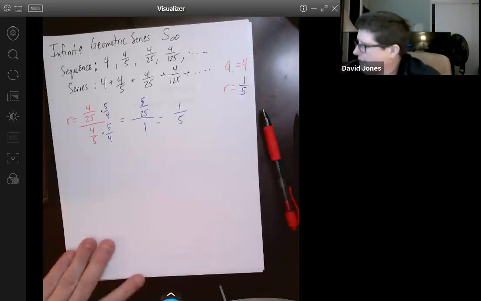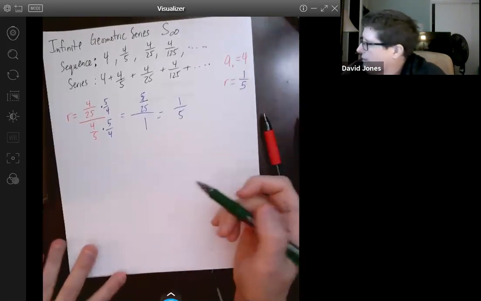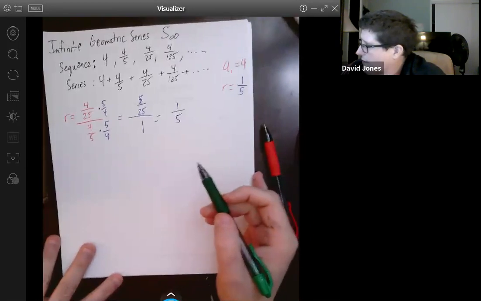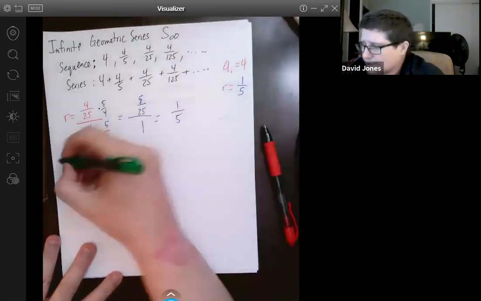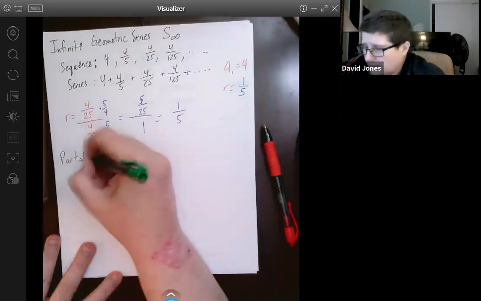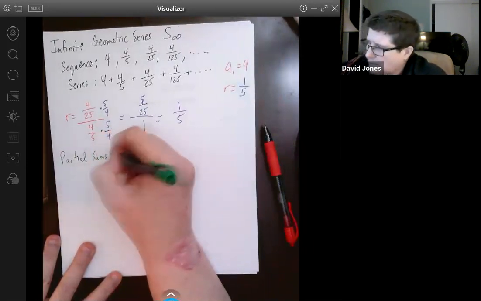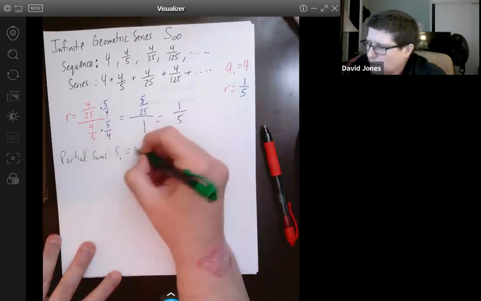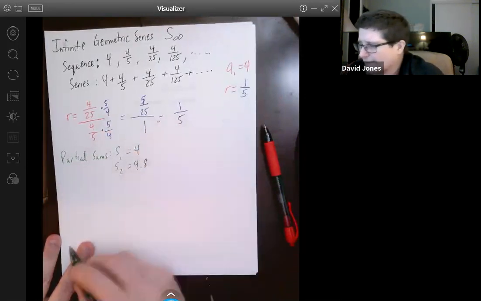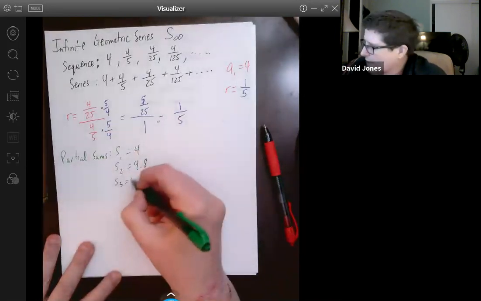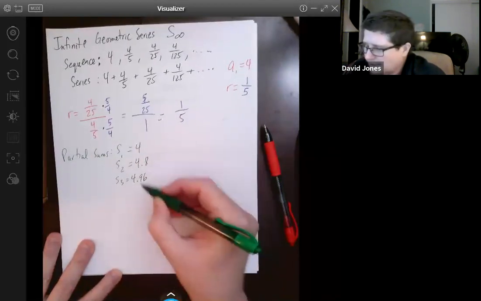So what's going on here? Let's look at what the partial sums are. S sub 1 is 4. S sub 2 is 4.8, which is 4 and 4/5. S sub 3 is 4.96.